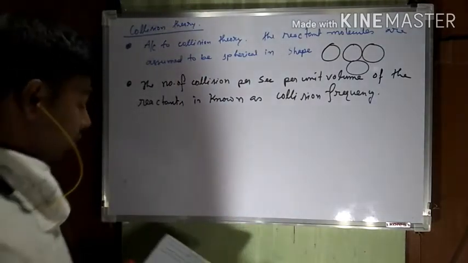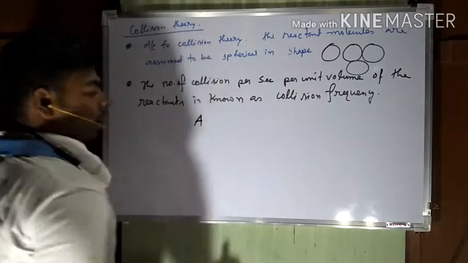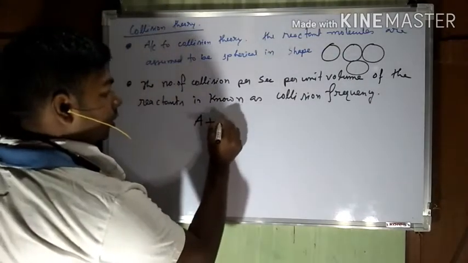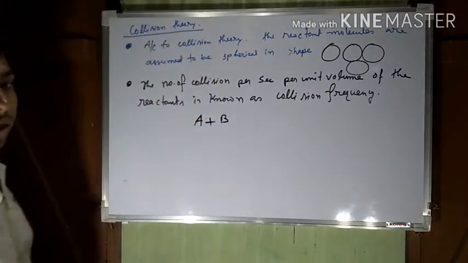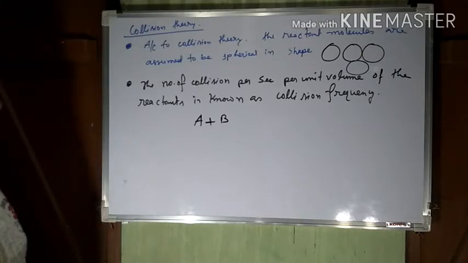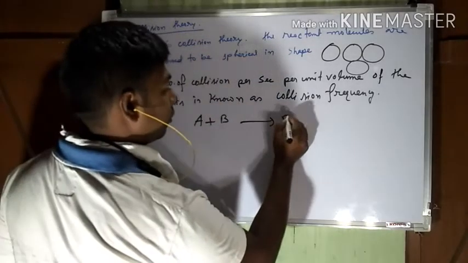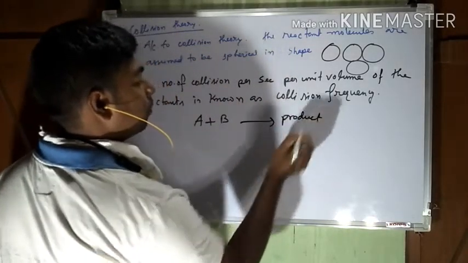Now, if we take A as a reactant and B as another reactant, which is spherical in size, it gives product.